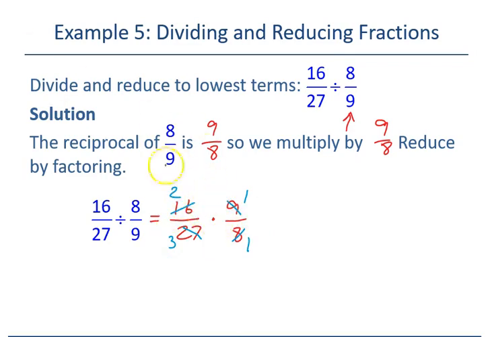Now I've got something a lot simpler to work with, instead of very large numbers. I can do 2 times 1, that's just 2, and 3 times 1, that's 3. So when you multiply these together and reduce them, you end up getting 2/3. And that's how this is going to keep going.